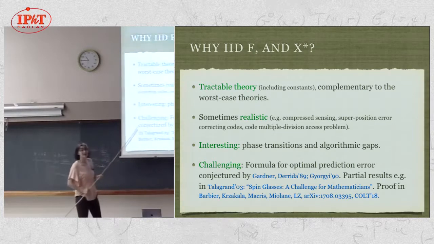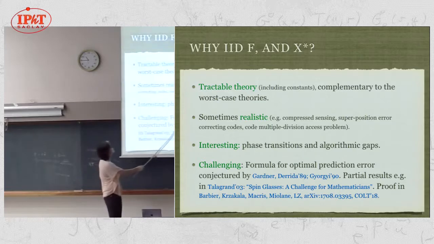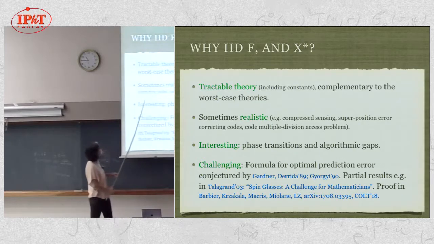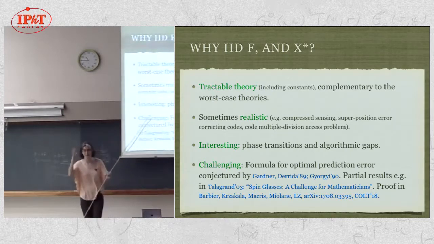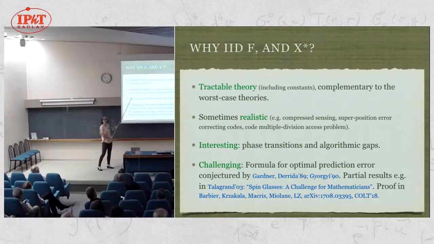Sometimes this setting is realistic. For instance, in applications like compressed sensing, the superposition error correcting codes, or this code division multiple access problem, whatever those are, it is actually realistic that the matrix that corresponds to the data set is a random matrix. Not always, sometimes.